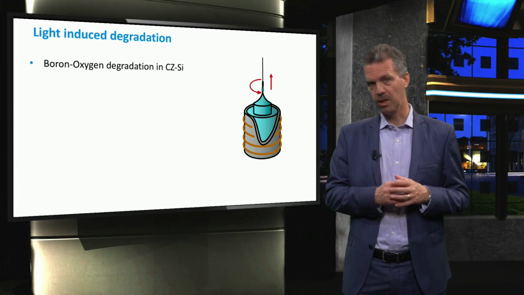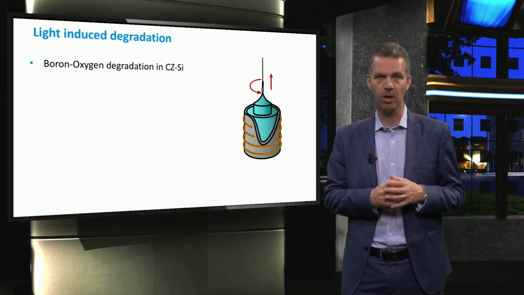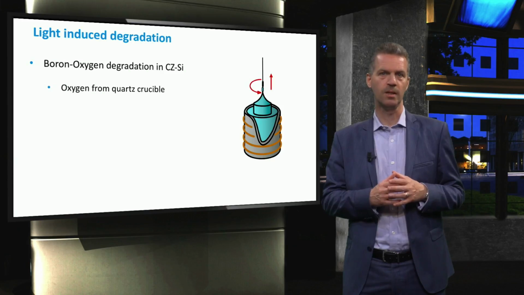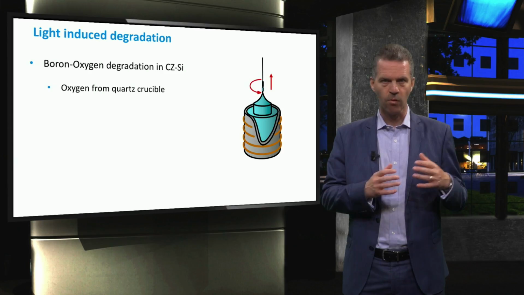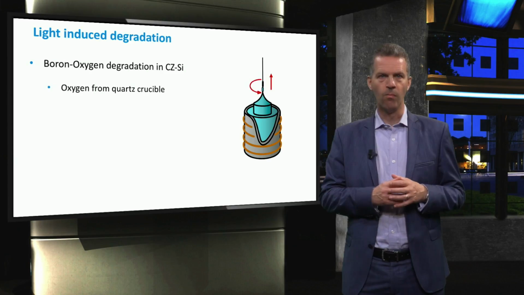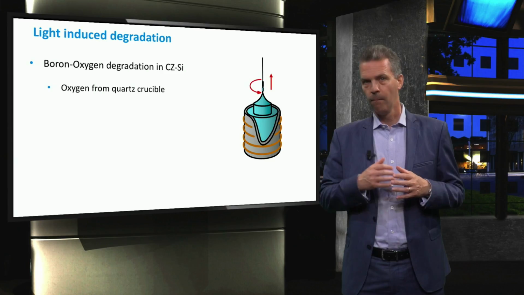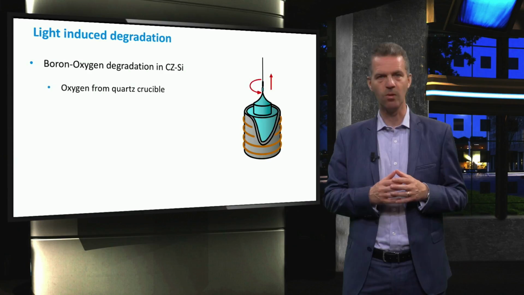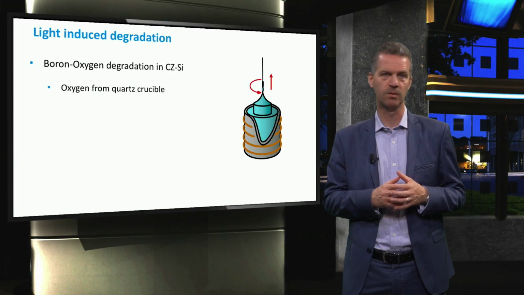There is another issue with P-type wafers, which is light-induced degradation for silicon containing both boron and oxygen. During Czochralski casting, the most used method for making crystalline silicon, oxygen from the quartz crucible will enter the silicon melt. On one hand, this is desirable since oxygen will increase the strength of the wafer, but on the other hand, the oxygen creates metastable defects leading to energy levels around the middle of the band gap when being exposed to illumination.